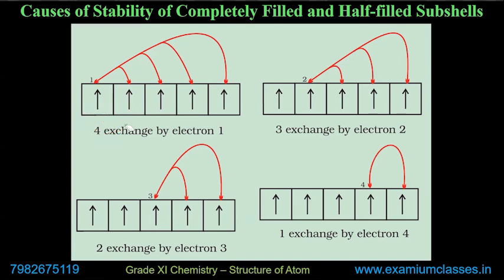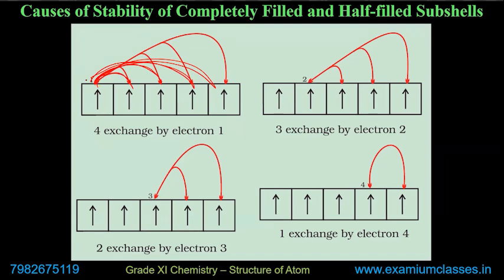So if I consider this one, the first can interchange with 2 or 3. So 4 transitions are possible, with 2, with 3, with 4, with 5. 4 exchanges by 1 electron are possible.